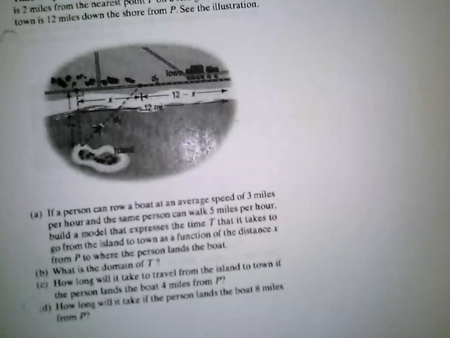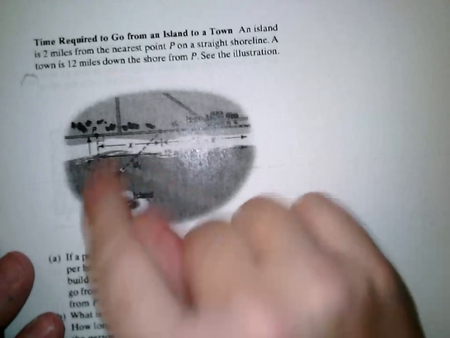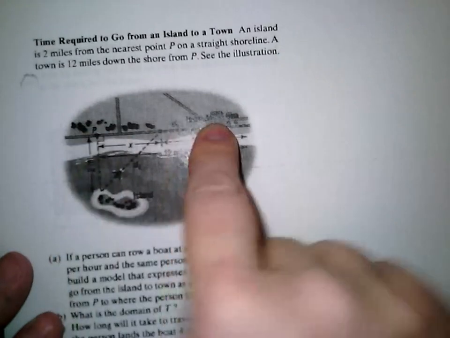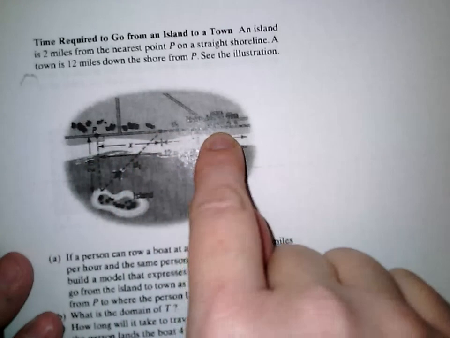Let's see what we have next. Maybe we have time to do a couple more problems. All right. Here we have the time required to go from an island to a town. So we have this island over here, and it looks like we can either get in a boat and row across, or we could row straight across and then walk straight, like making a right triangle, or we could angle our way across rowing and then walk the rest of the way to town.